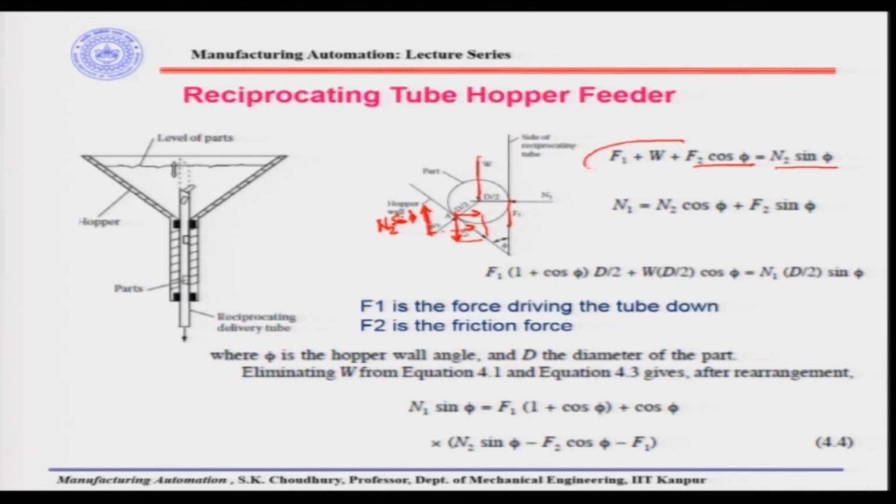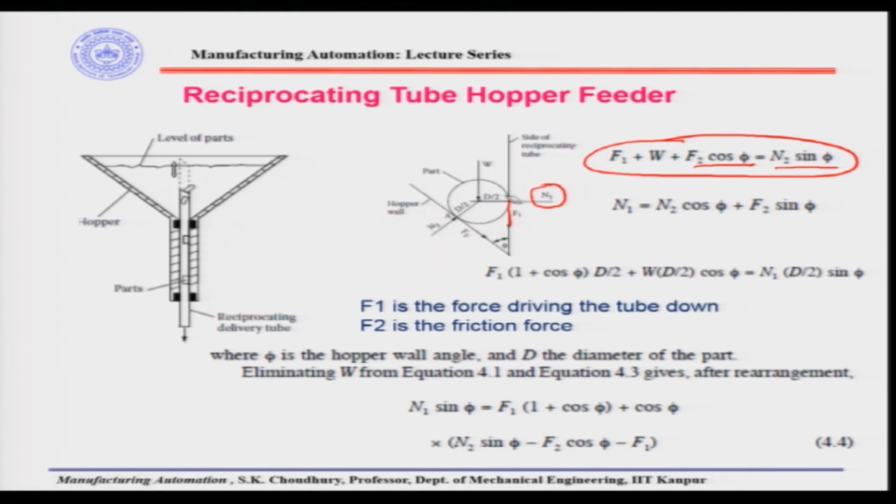So then the equilibrium equation comes as F1 plus W plus F2 cos phi is equal to N2 sin phi. Okay. So, this is the force equilibrium in the y direction, in this axis. In the N1 direction, that is the x direction, we have N1, then we have the well, I will remove this thing now.